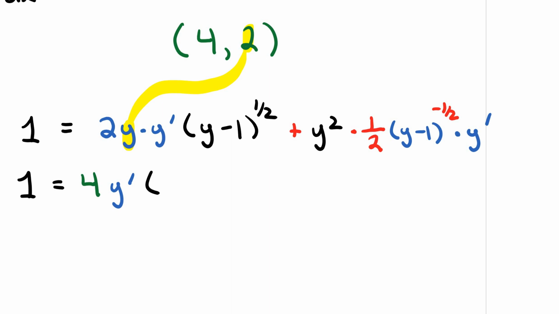bracket on 2. Okay, next step, I guess this y is going to become a 2 there, so 2 minus 1, 2 minus 1 to the power of 1/2.